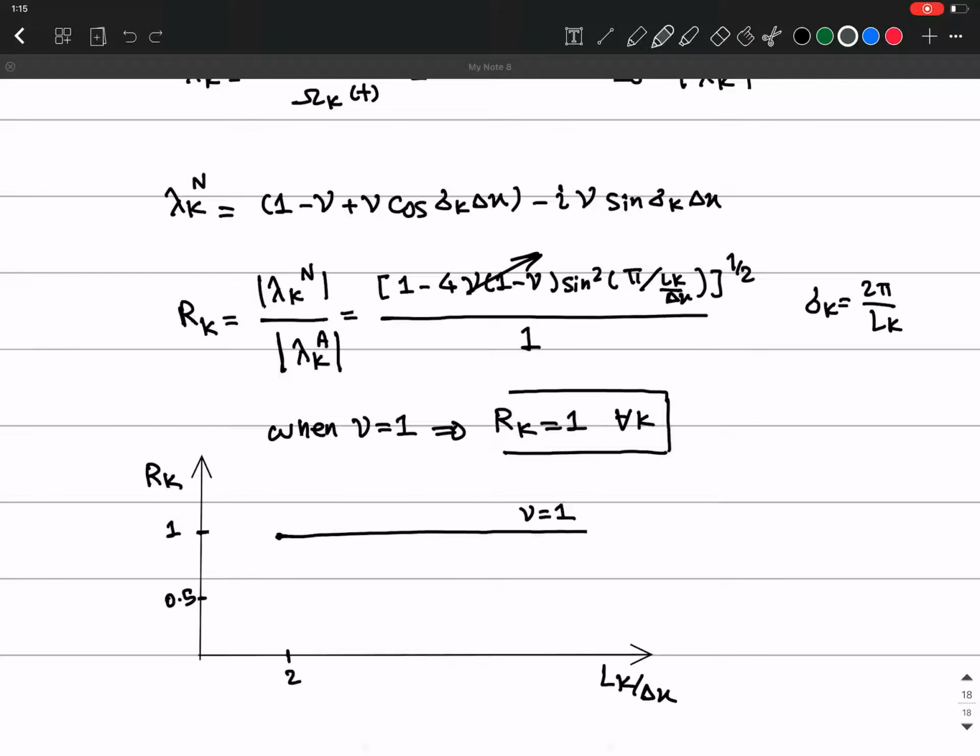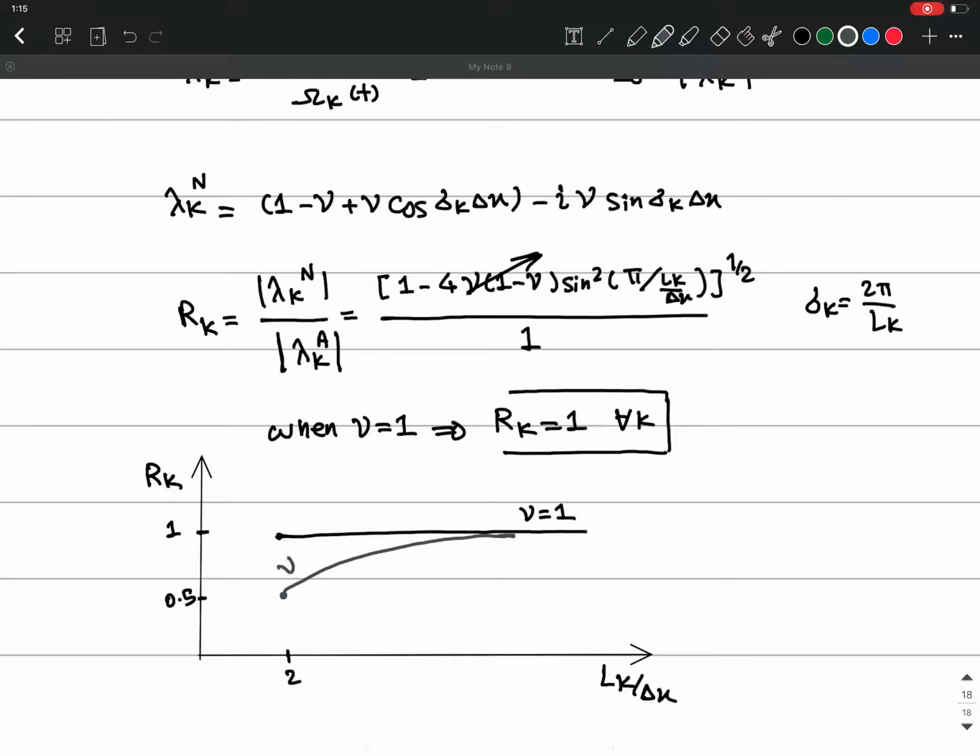But if nu is 0.5, or 0.75, then this R k is not necessarily that. R k is going to be 0.5. You can calculate it. And then as you increase Lk over delta x from 2, as you increase Lk over delta x, it converges to 1, right?